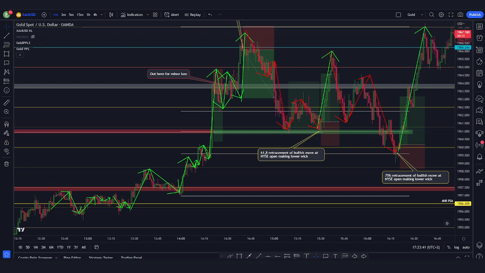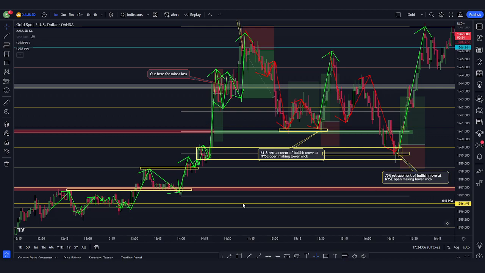If you can see here, that's where this reaction is happening, at this previous PSA. This one was a previous PSA on the left hand side, but it was also a 50% retracement, a 61% retracement, and this one as well is happening exactly at this previous level and at 75% of the overall bullish move.